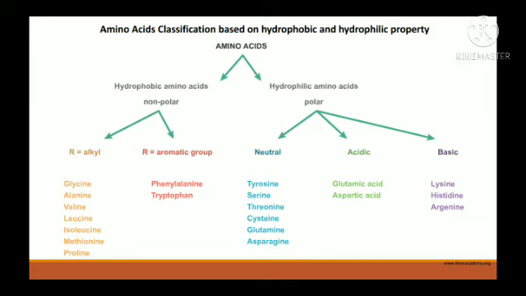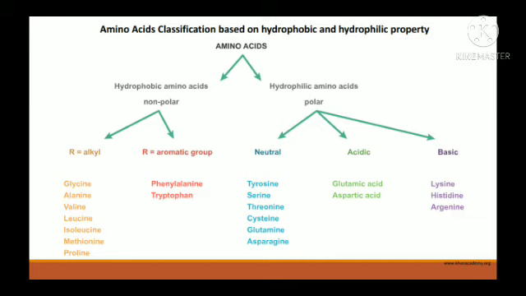As I told you in the last lecture, firstly we are going to classify amino acids based on their chain and polarity, meaning they are said to be polar or non-polar depending upon the charge on the chain.